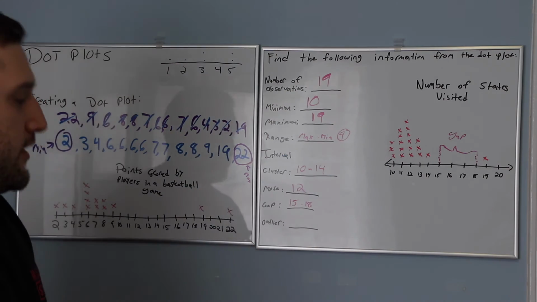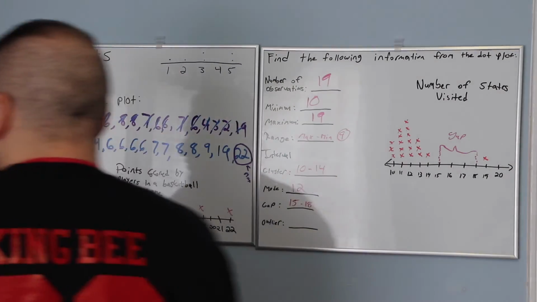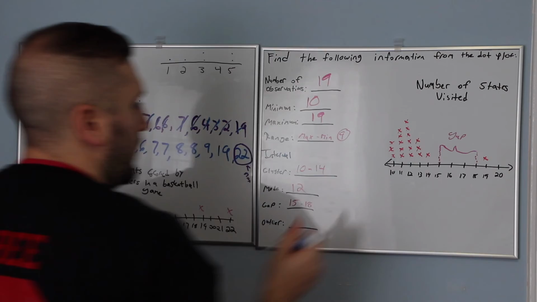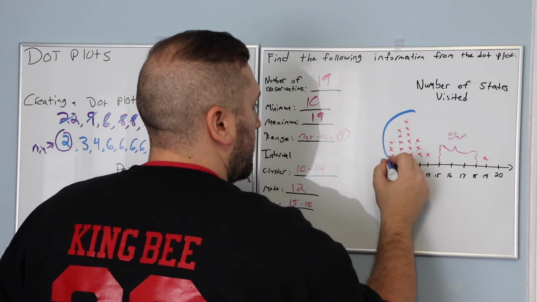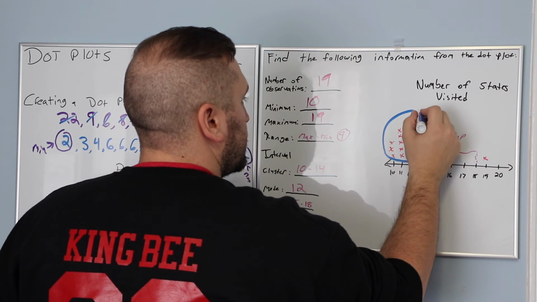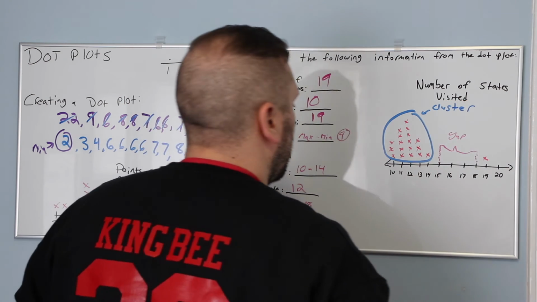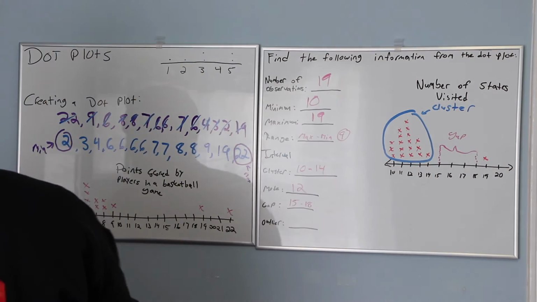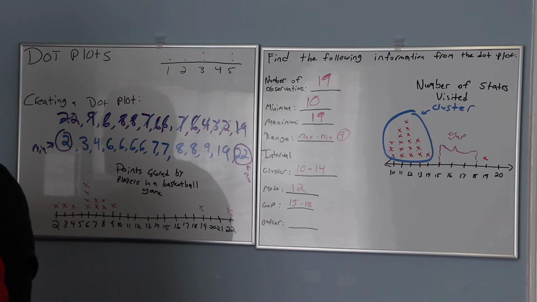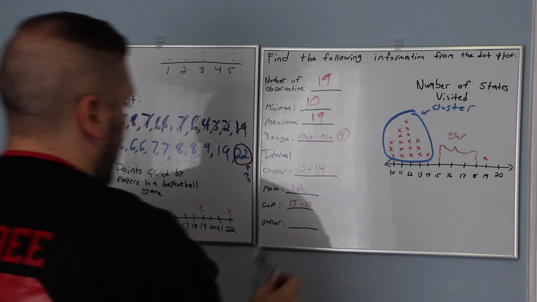And then our outlier. Right? And let me just, on here, just to kind of give you a reference, remember we called these guys cluster. Okay. The last one we're going to talk about is our outlier.